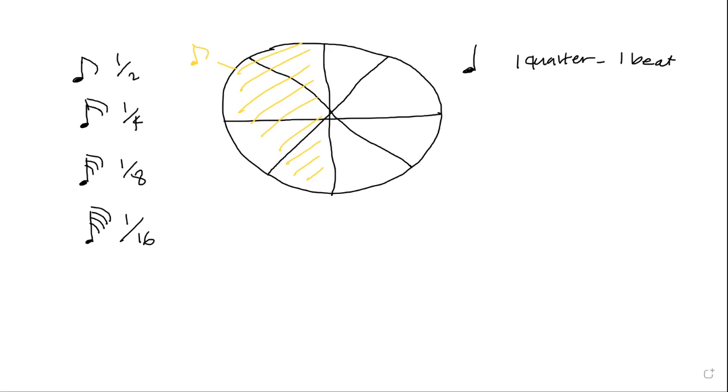But when you divide it into 4, then this much is going to be 1/4, and this is 16th. Oh, did I tell you the name of the note? This is an 8th note, and this is 16th, and this is 32nd, and this is 64th.